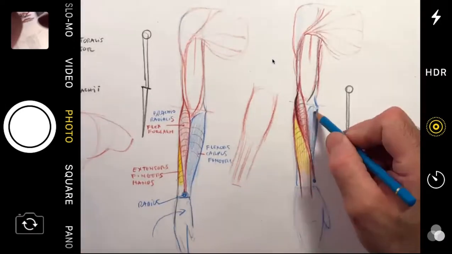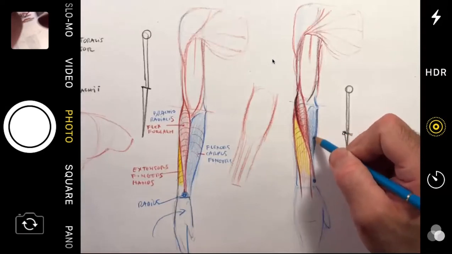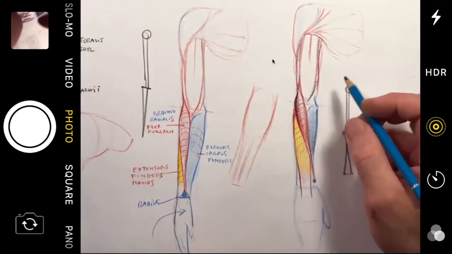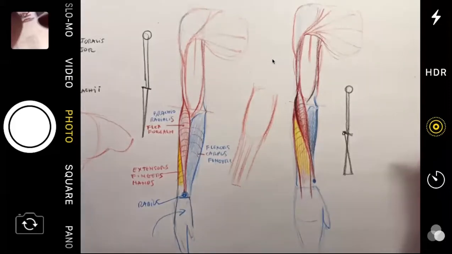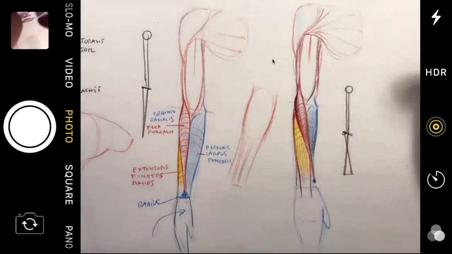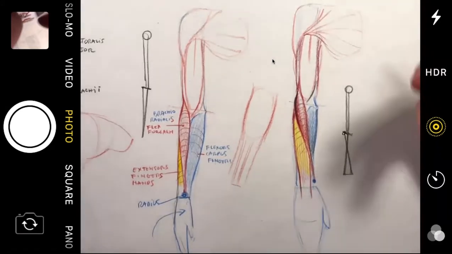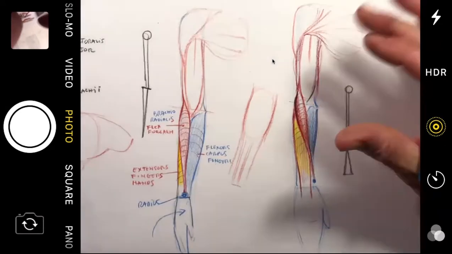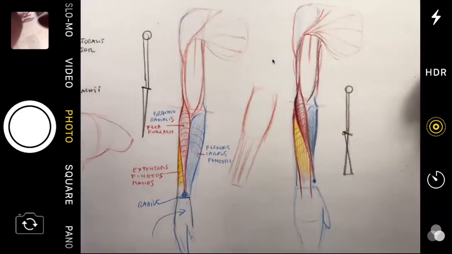But you're right, especially when you have very lean models, it's much easier to see because the bones are more visible. But when the model is heavier, then the fat layer will probably hide some of the landmarks and also the muscular form.